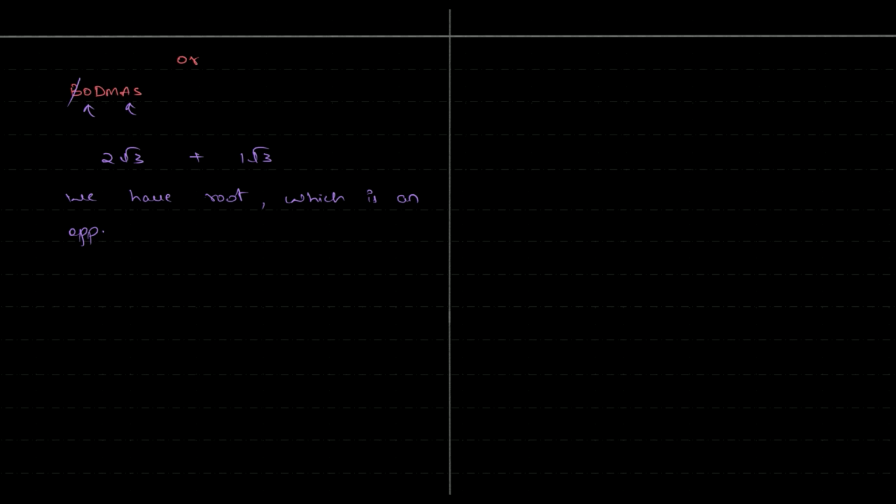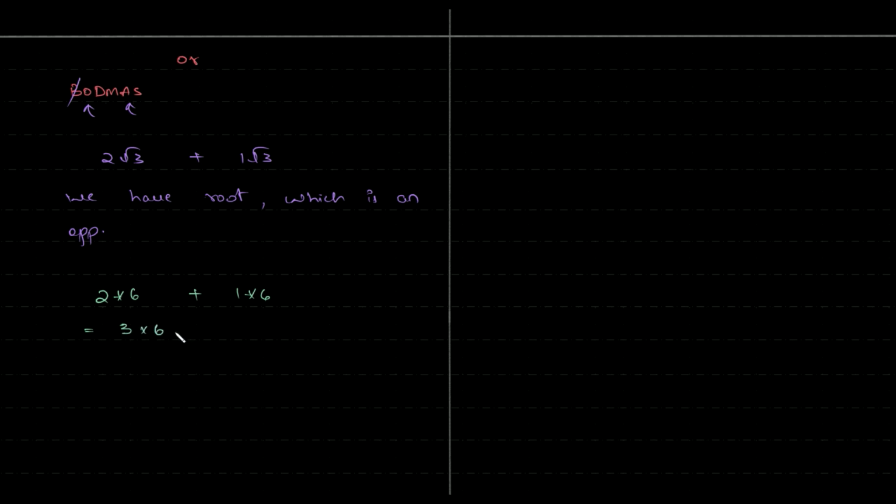But we are able to add. Why? Because we are able to take common, or we can express root of 3 as x, or root of 3 as 1.7, and so on and so forth. So basically if I write 2 into 6 plus 1 into 6, is it not 3 into 6?